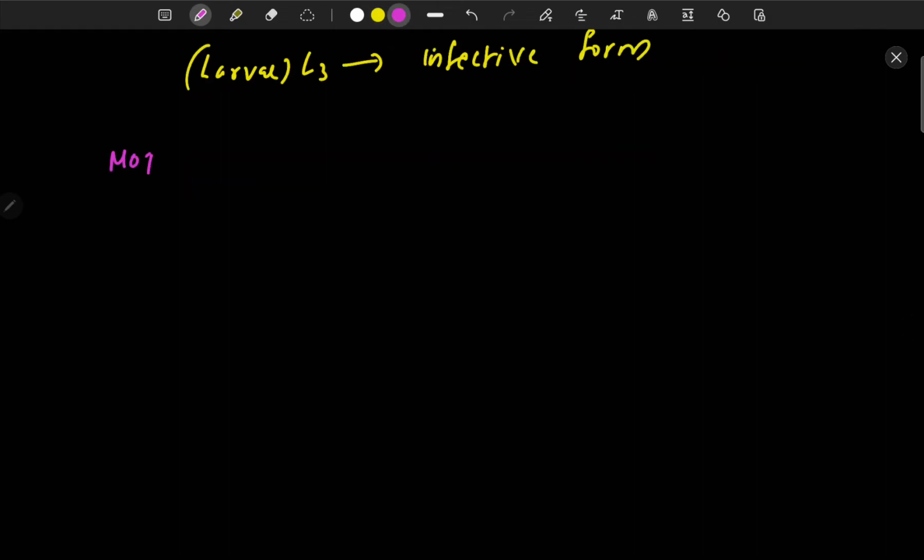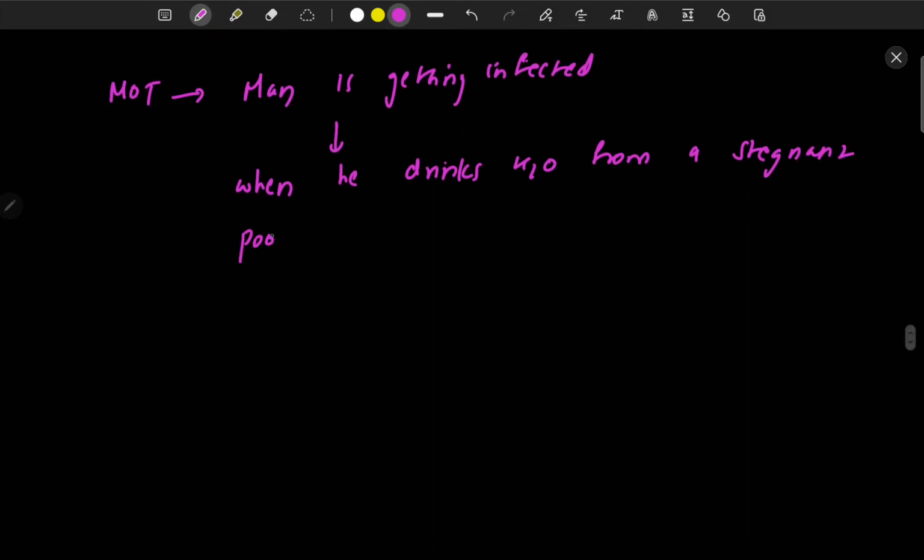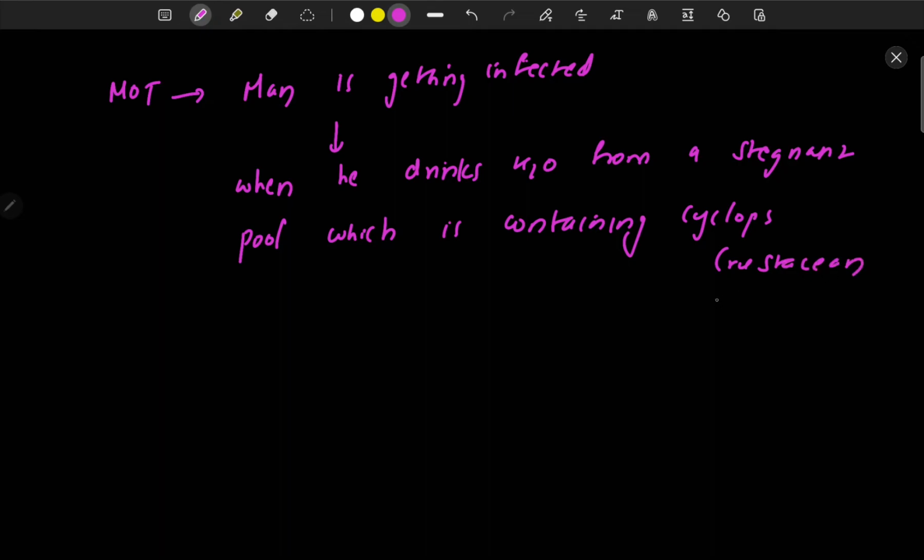Now about the mode of transmission. Man gets infected when he drinks water from a stagnant pool containing cyclops, which is a freshwater crustacean.